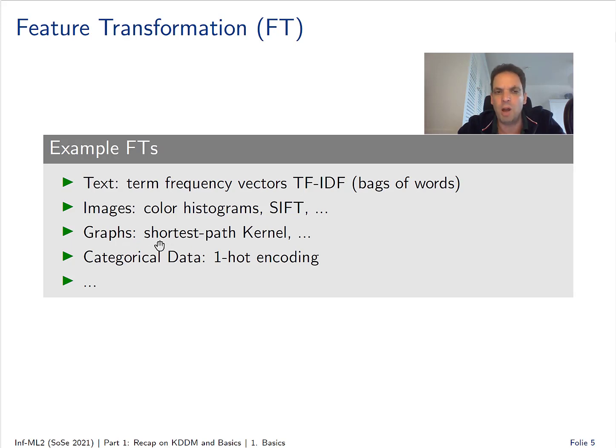Also for graph data, if you think about adjacency matrices and stuff like that. Yeah. But that is a different kind of story and a different kind of problem. But typically, feature transformations end up in having quite high-dimensional feature representations in practice nowadays.